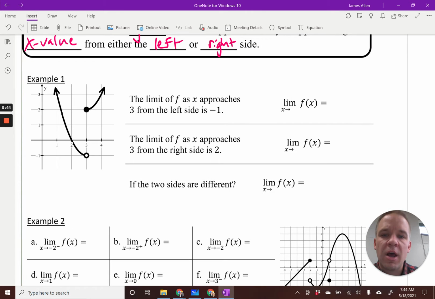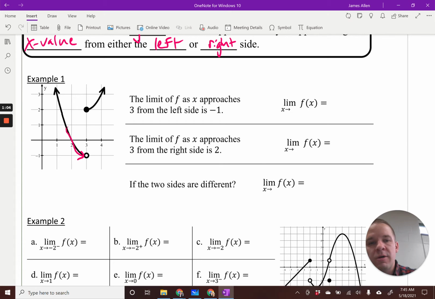It says the limit of f as x approaches 3 from the left-hand side is negative 1. That means as you're coming down this graph from the left, my y value is negative 1.